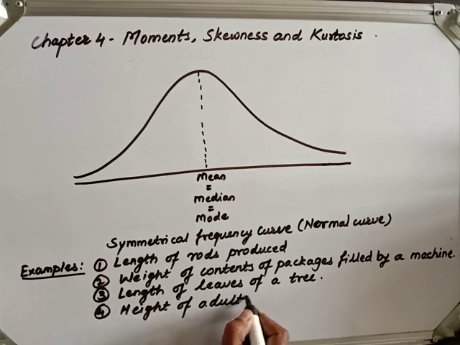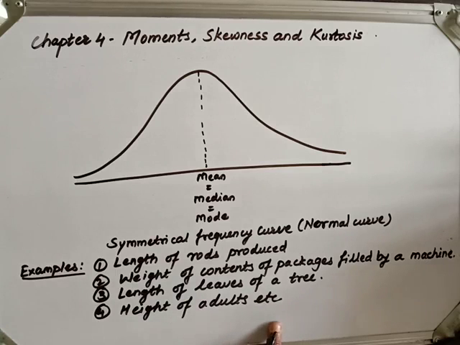As such, we can give various examples. I am giving you these just for information. These are symmetric or nearly so, but mostly they are not perfectly symmetrical. Okay, so this is about the symmetrical distribution.